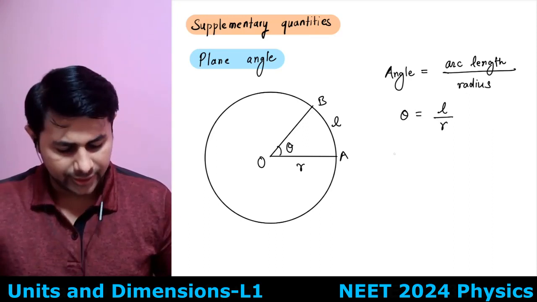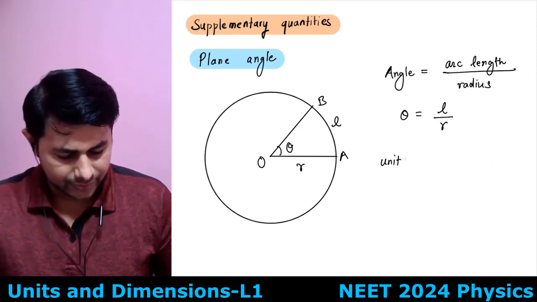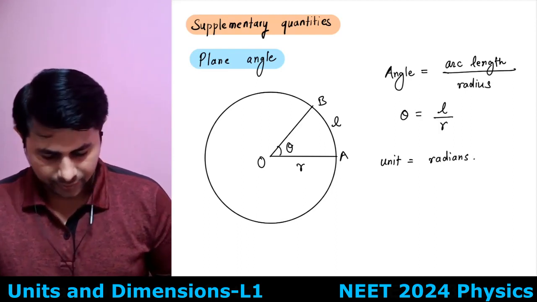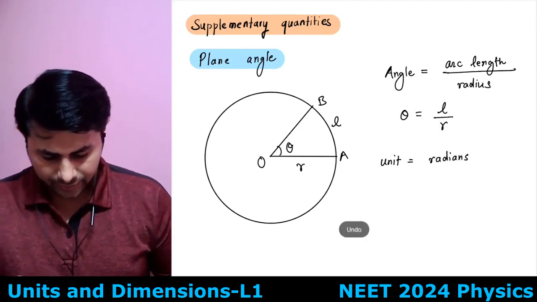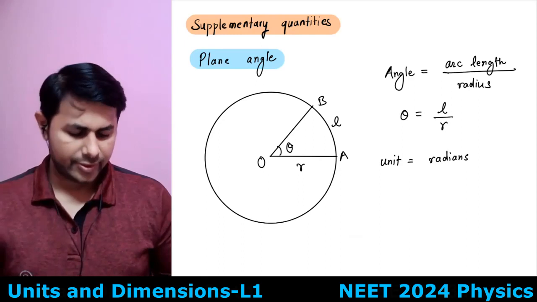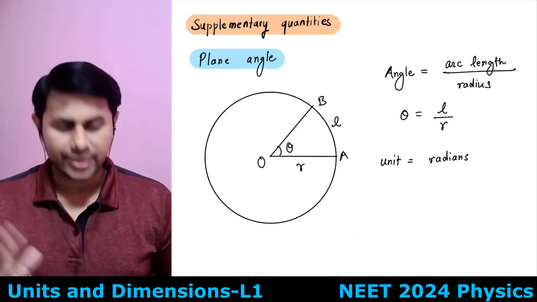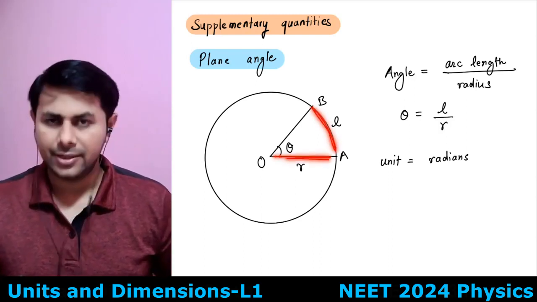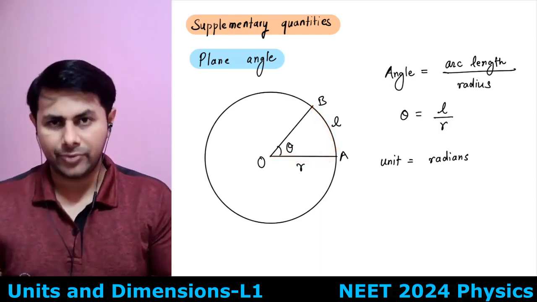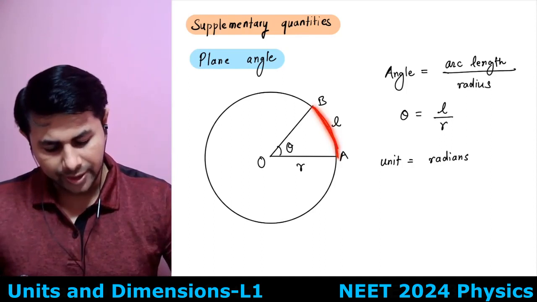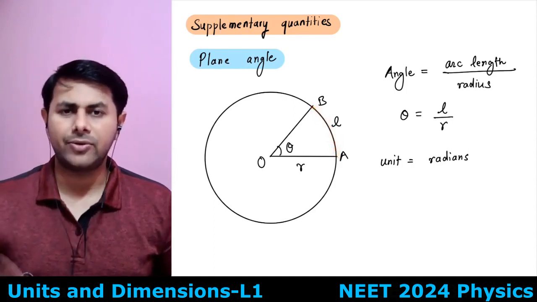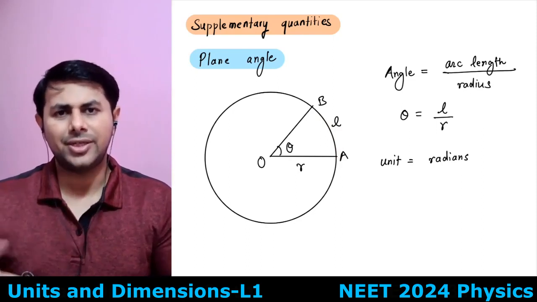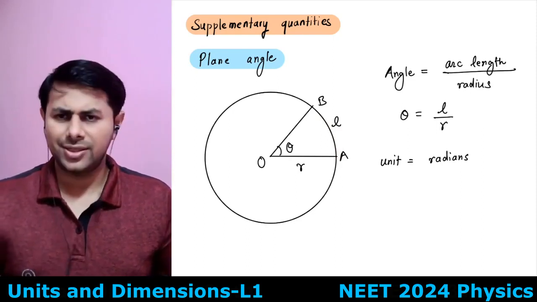The unit is radians. Let's say angle is equal to 1 radian. What does that mean? It is the length of the arc divided by radius. If it is equal to 1, that means the length of the arc is equal to the length of the radius. So radian means in terms of radius. Okay, this is clear? Yes, sir.